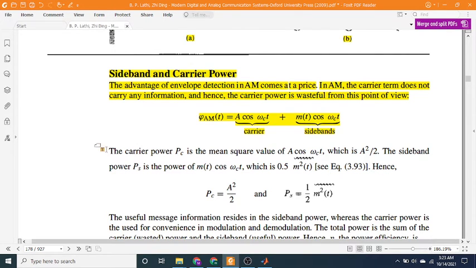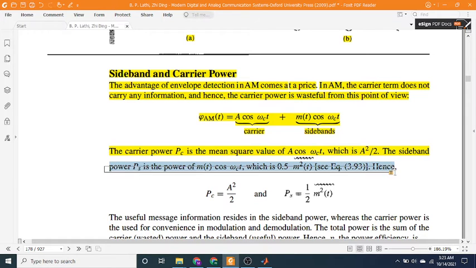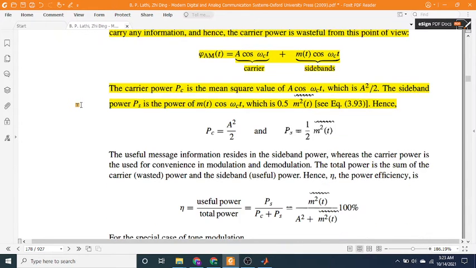The carrier power P_c is the mean square value of A cos ω_c t, which is A²/2. The sideband power P_s is the power of m(t) cos ω_c t, which is 0.5 m²(t) (Eq. 3.93).